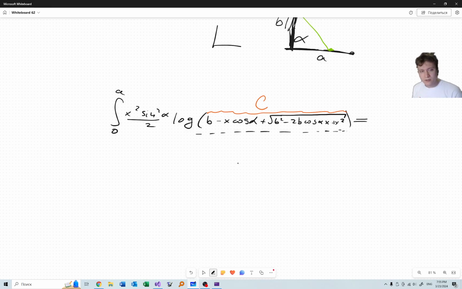First of all, as usual, we want to... So let's forget about this one. Okay, this integral is called d1. So d1 is what I want to calculate.